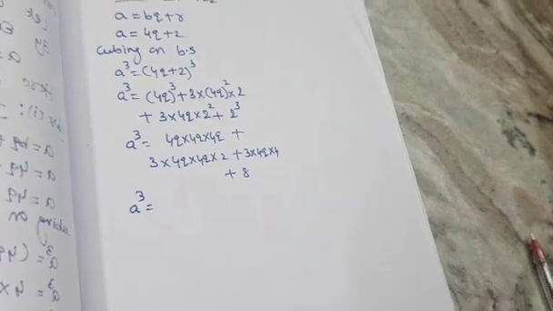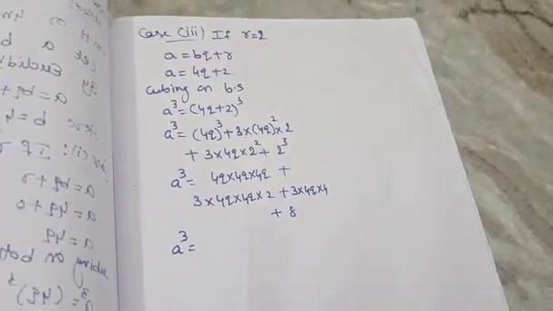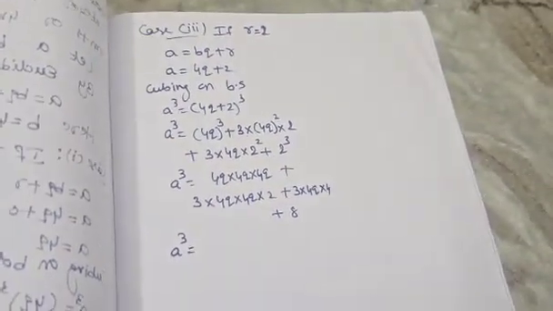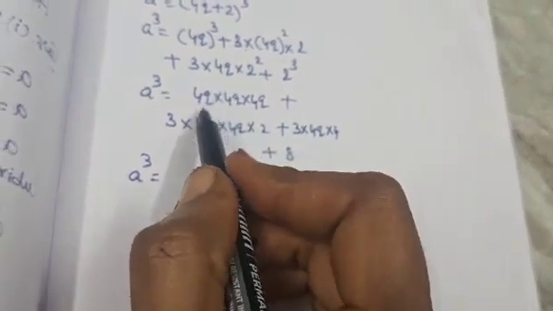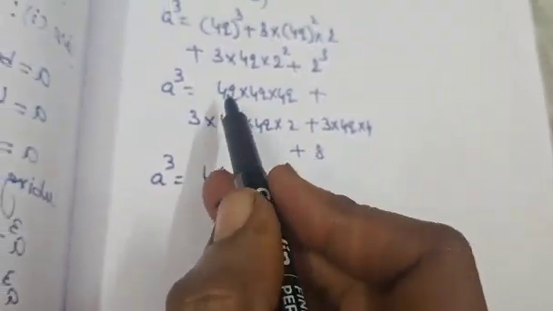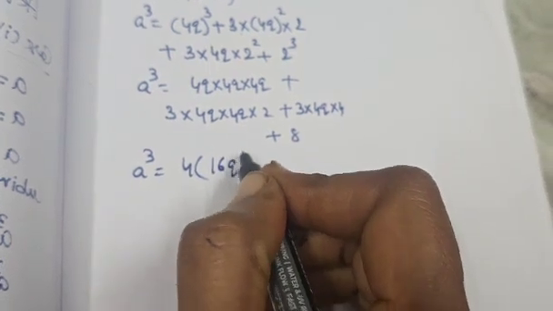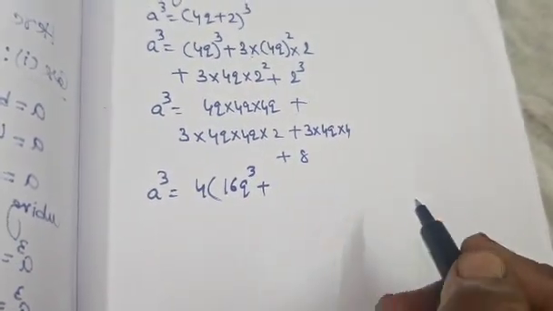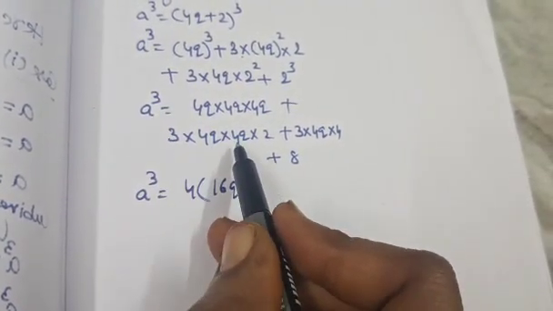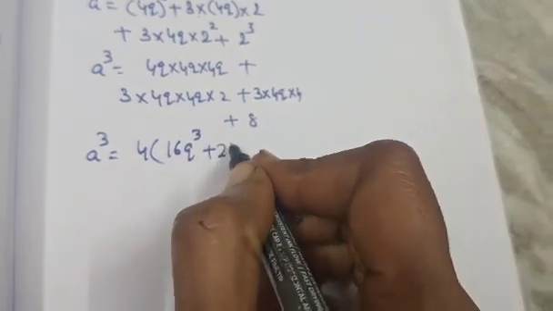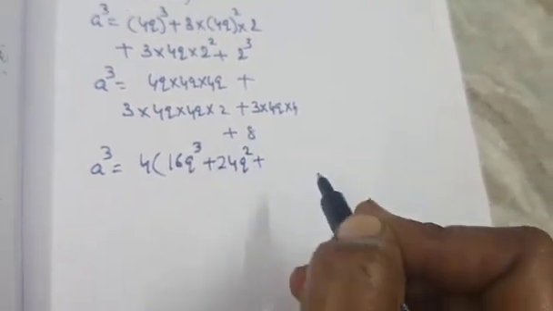a cube equal to, now we have to take 4 common again. If you take 4 common, what is there here? Still 2 4s are there. 4 4s 16 q cube. Next here if you take 4 common, 3 4s 12, 12 2s 24, q into q, q square.